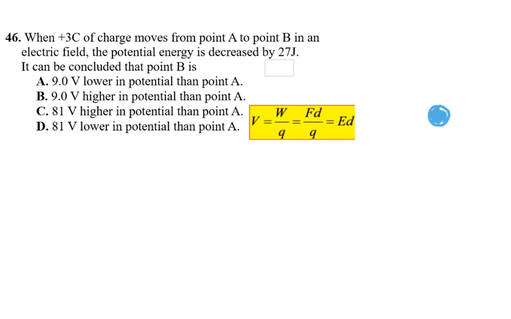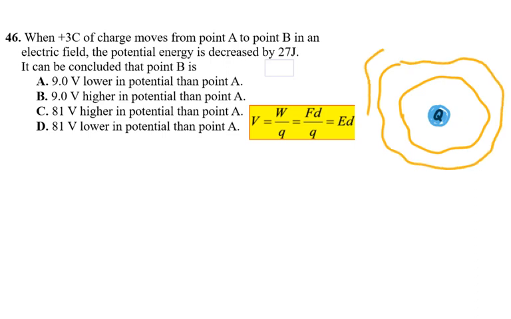And then you have equal potential lines. I'm going to say this is point A, and it's a positive charge.